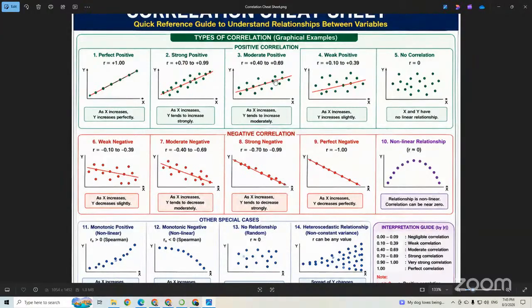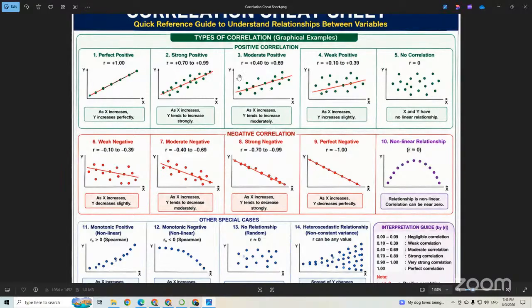Similarly, moderate values vary from 0.4 to 0.69, and weak when we have 0.1 to 0.39. When the value of r is equal to 0, it means there is no correlation.